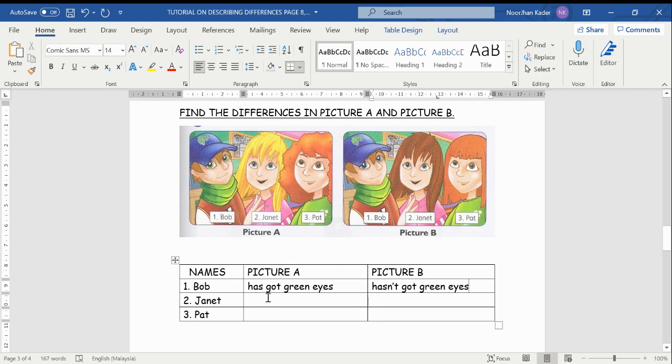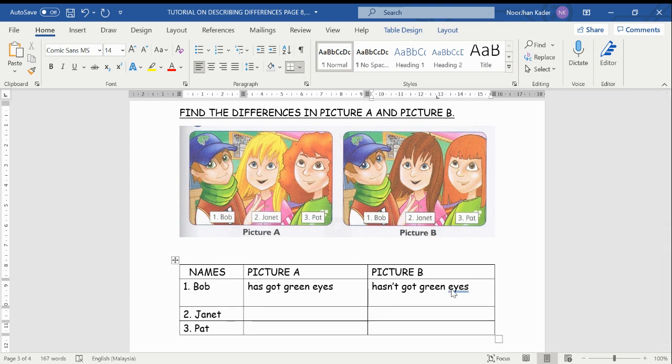So how are we going to write? First, we already know that picture A says Bob has got green eyes. So firstly, we have to refute that statement. We have to say Bob hasn't got green eyes, but he has got blue eyes. Actually, to describe differences, you can use the conjunction but.